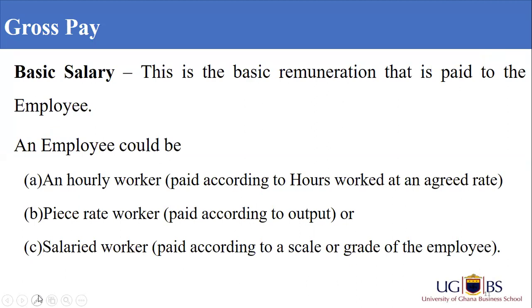So the basic salary is the basic remuneration that is paid to the employee. An employee could be paid hourly, right? Paid according to hours worked, piece rate according to output, and then salary according to skill or grade of employee.